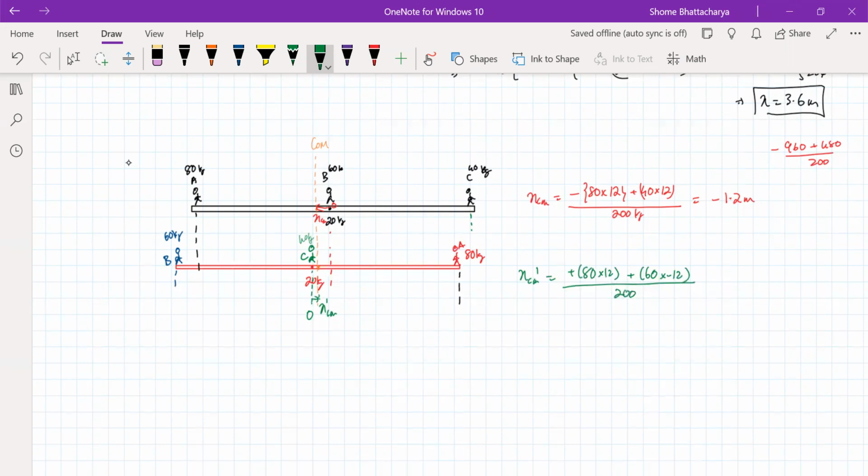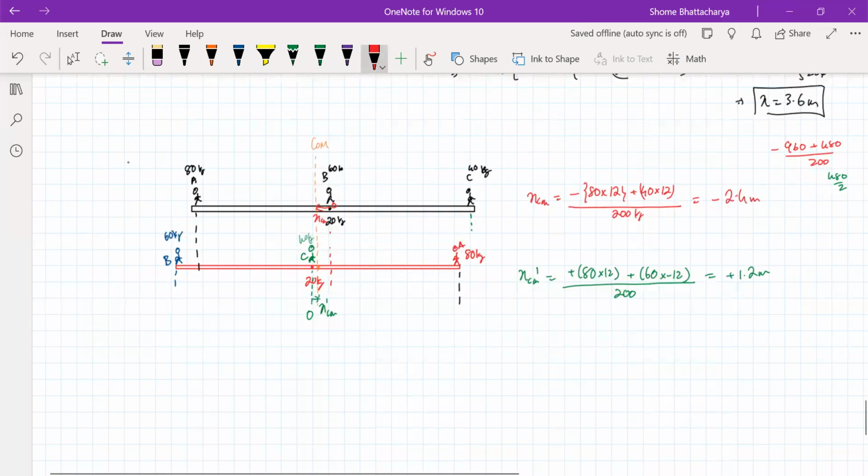So divide by 200. So this is becoming how much now? 12 into 80 minus 60, so that is 240 divided by 200. No? Oh wait, this should be different. This was 480 divided by 2, so this should be 2. So this one should be minus of 2.4.